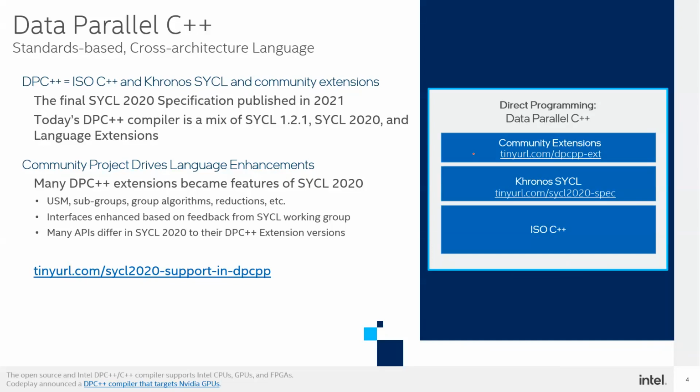Of course, it's based on our collaboration with customers, working on real workloads where we identify what is missing and what can improve functionality, performance, etc., and bringing it as community extensions, implementing it in our open source project, and closing the loop by suggesting these extensions back to the SYCL standard.